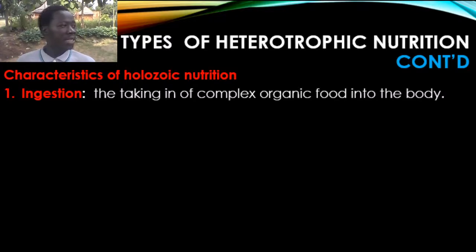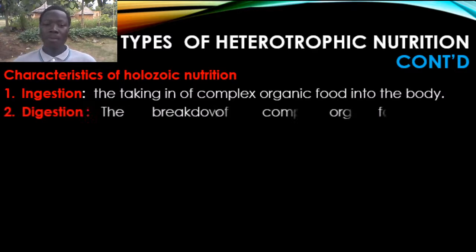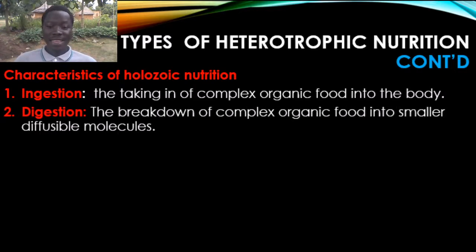Like if you are chewing cassava, that is a complex organic food material because it contains starch, it contains cellulose, those hard, complex things. If you take it into your gut, which is that highly specialized tract into which the food is taken, then boom, they get digested.